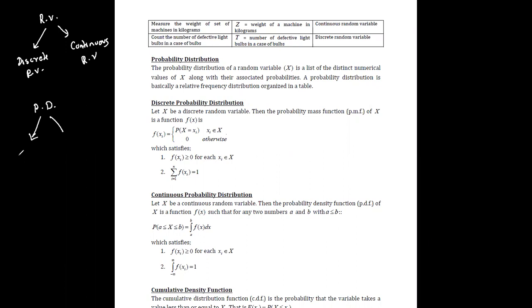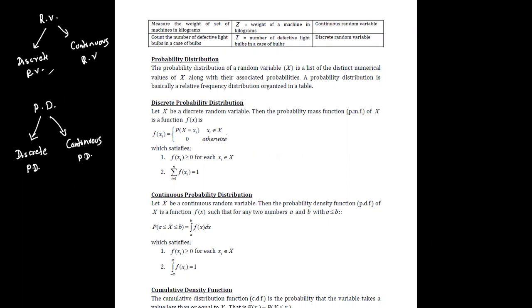Here we can identify discrete probability distributions as well as continuous probability distributions. These are the two types of probability distributions that we can identify. Now we will discuss the discrete probability distribution and continuous probability distribution. Based on the type of the random variable, we define the type of the probability distribution.